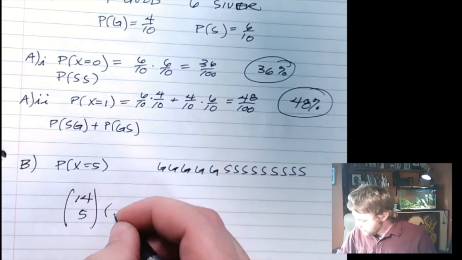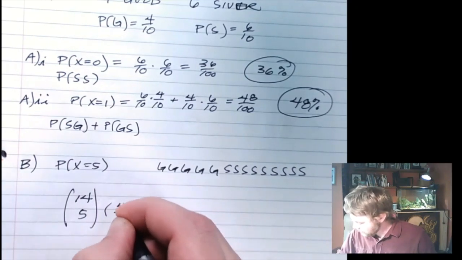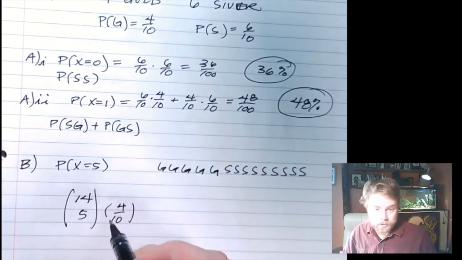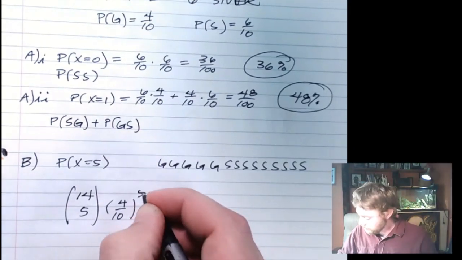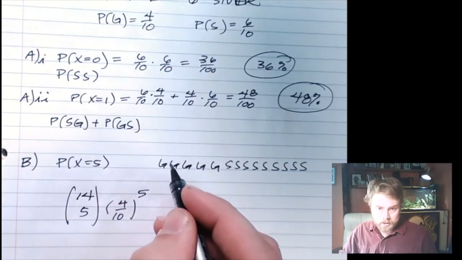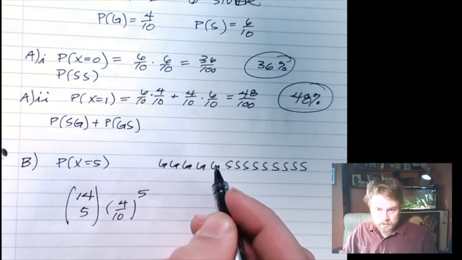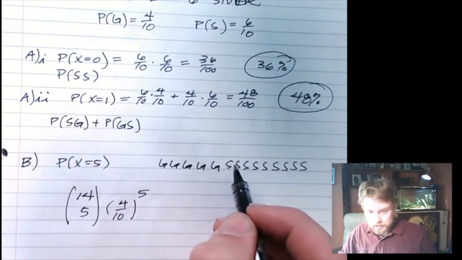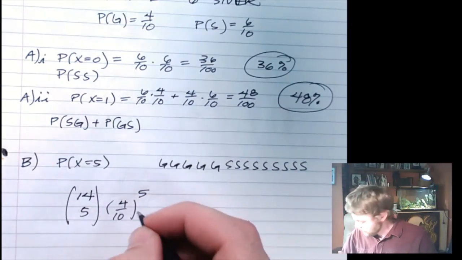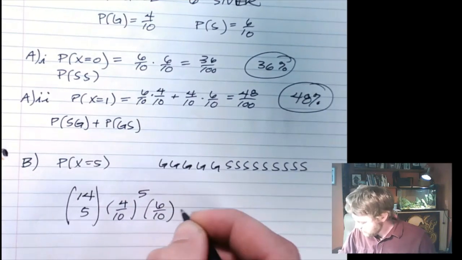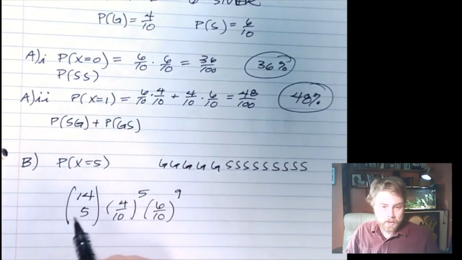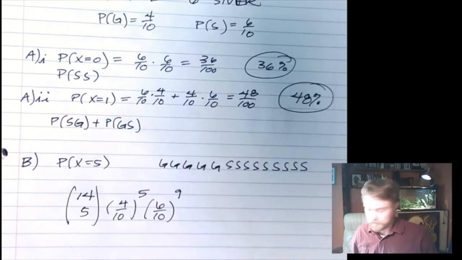Okay, then the 4/10 is the probability of gold, and we want 5 of those. 4/10 times 4/10 times 4/10 times 4/10 times 4/10 times 6/10, 6/10, and so on. So we got 6/10, 9 of those. And now we just have to calculate this value.